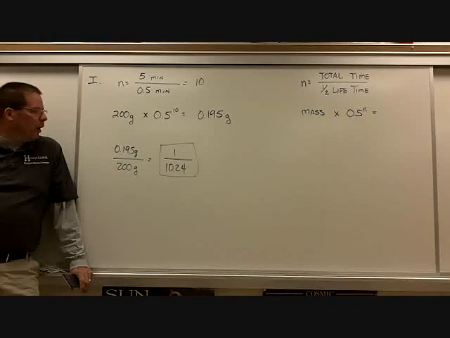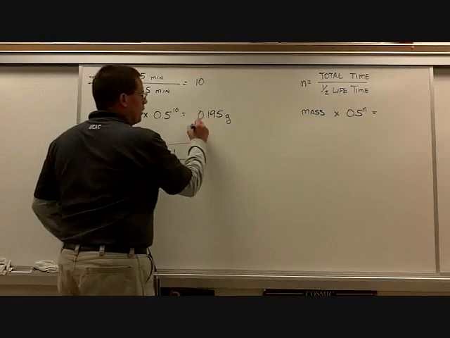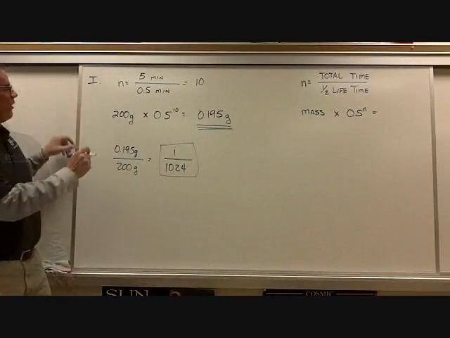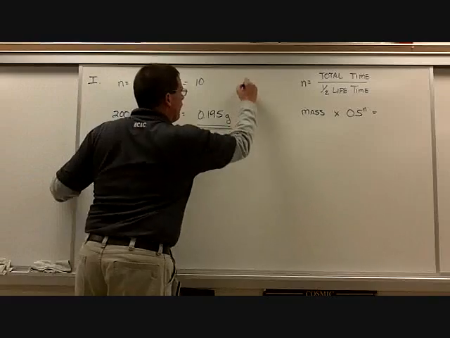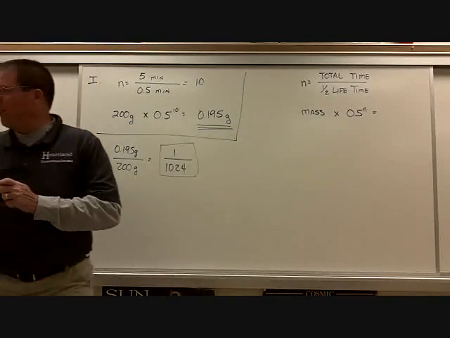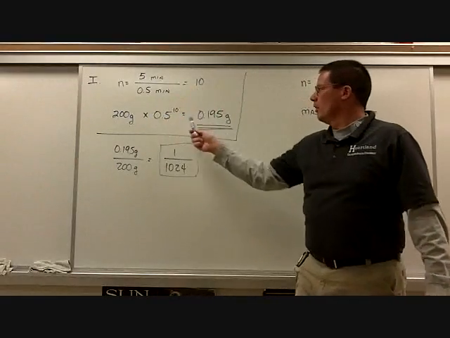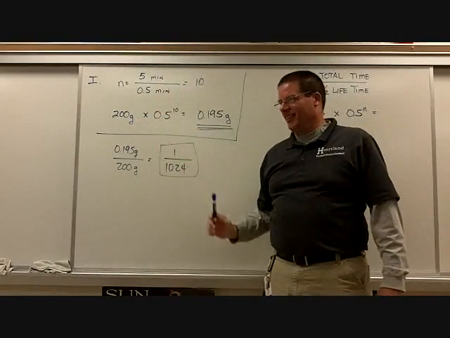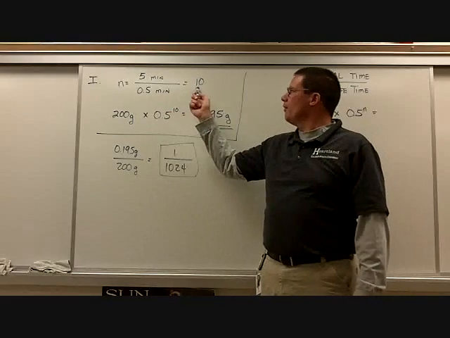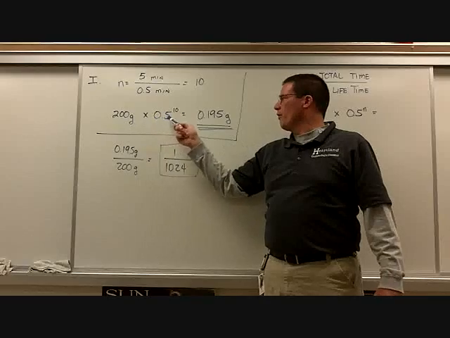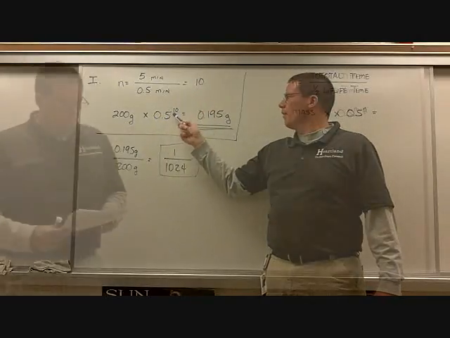But you should be able to easily do this to determine how much. Can everybody do this? Yes. Find out how many half-lives, and then start with your original amount, multiply it times 0.5 to your number of half-lives.